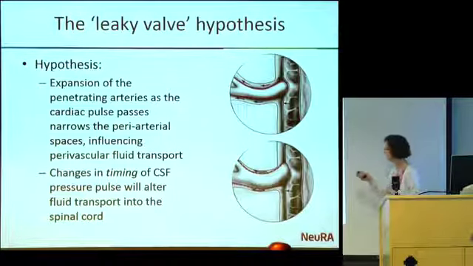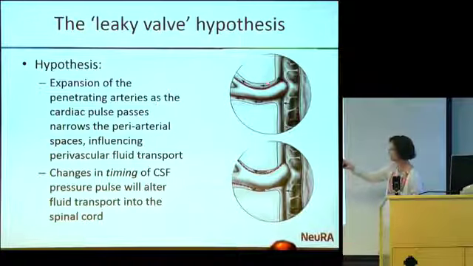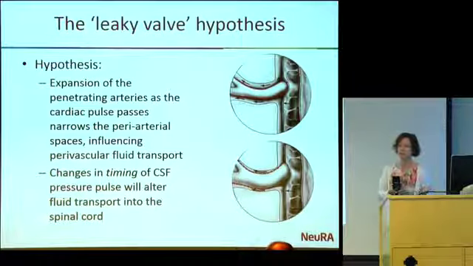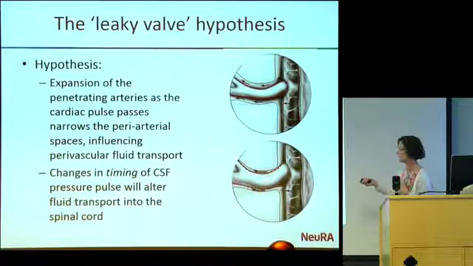So if the peak pressure arrives in the subarachnoid space at a time when, say, during diastole, the perivascular spaces here are relatively large because the diameter of the arteriole is small, that would enhance inflow. And if that peak pressure arrived at the same time as the peak arterial pulse wave in the penetrating artery, that would provide much more resistance to inflow.